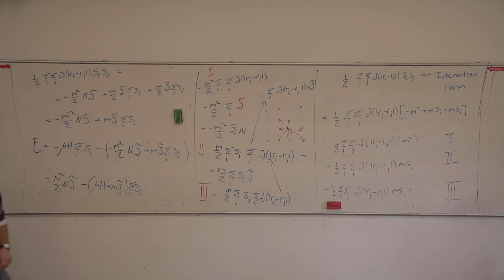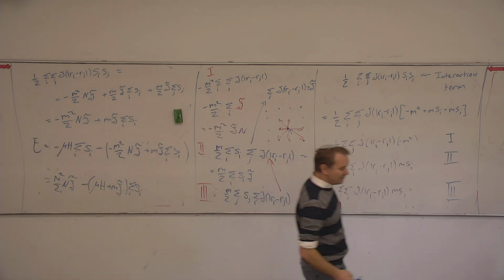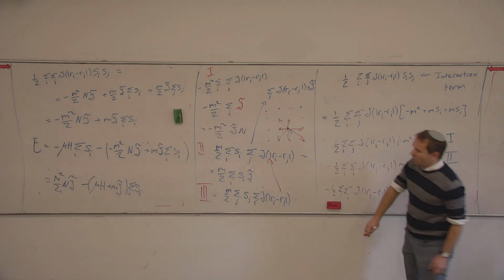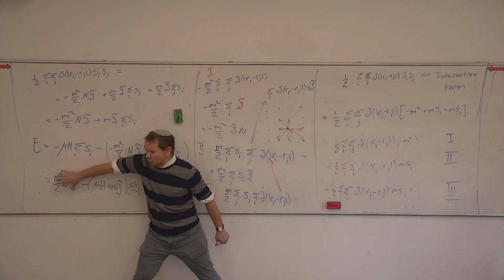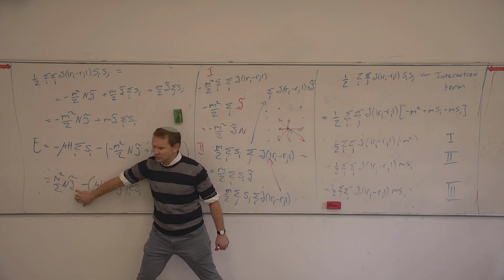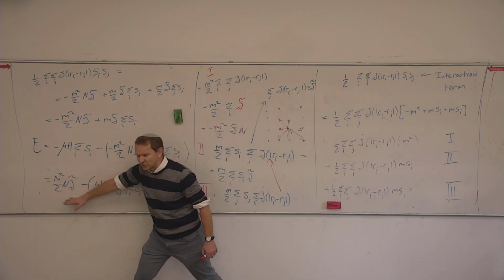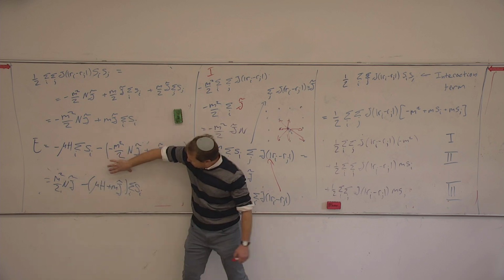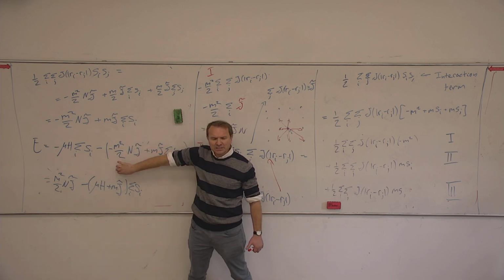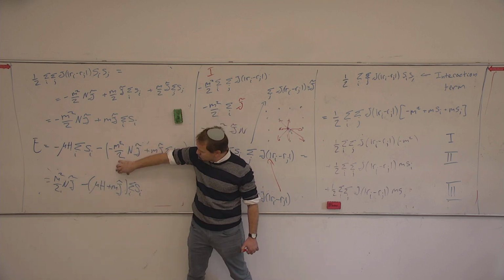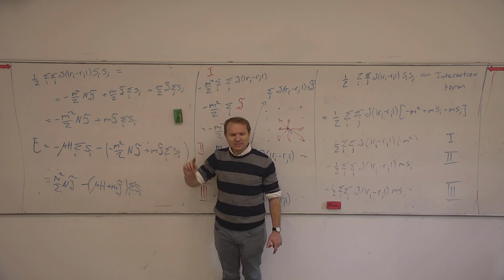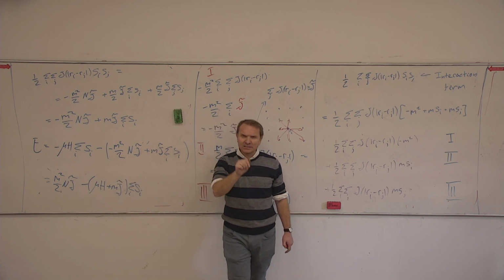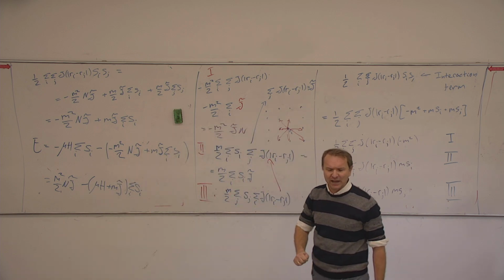What happened? Do you notice what happened? There is no interaction. Exactly. So if you forget about this term, which is just a constant, it is a constant addition to energy. So we have a constant plus a representation of a free Ising model. This means that I can solve it because I know how to solve the free Ising model.